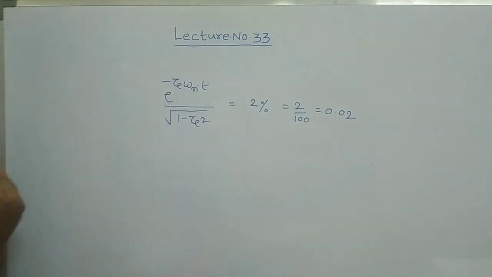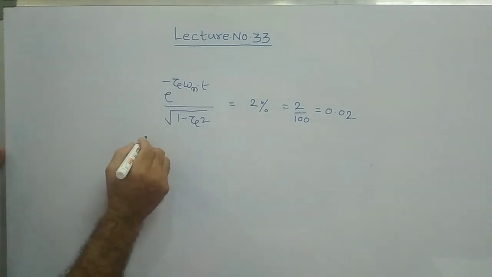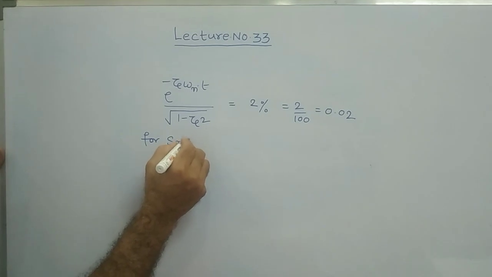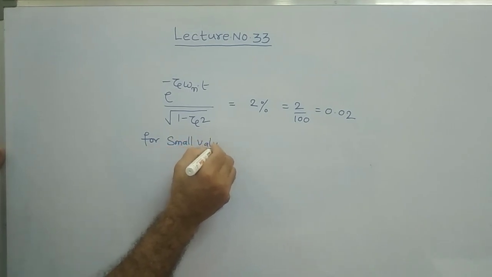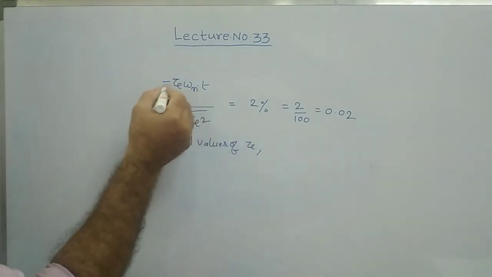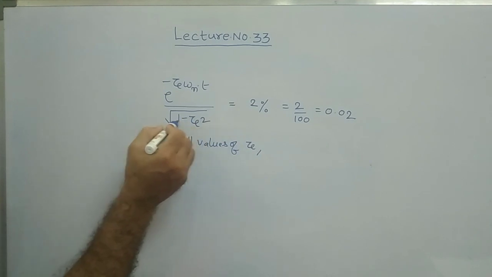Take natural logarithm on both sides, or otherwise one more consideration we have to consider here, means for the least value of zeta, assume that the zeta value is very small. For small values of zeta, you can ignore this denominator part.